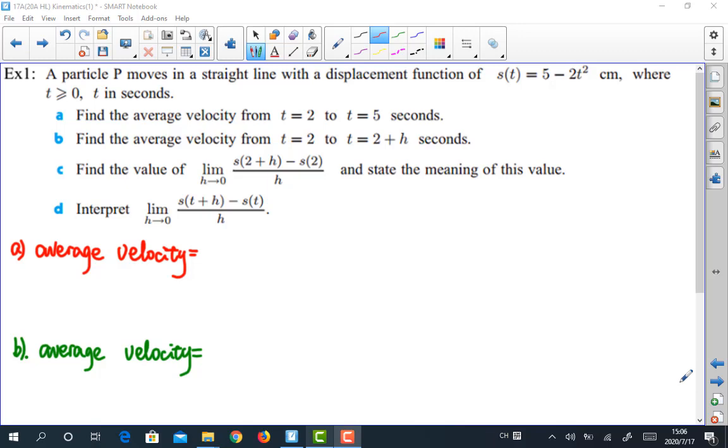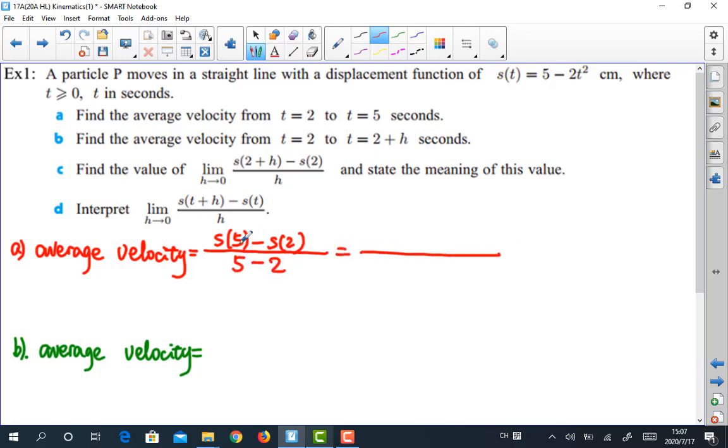So based on what we just introduced in this lesson before this example and what we learned from chapter 14, or chapter 17 for HL students, you should know average velocity is the gradient or the slope of a chord between 2 points on this function graph. So it should be the change in the displacement over the change in time.